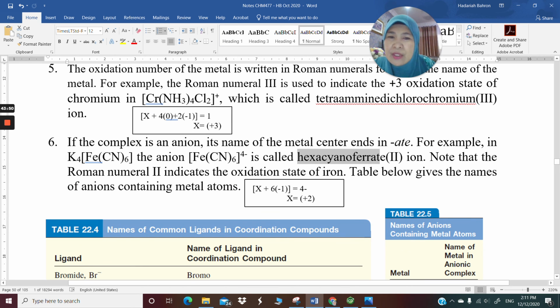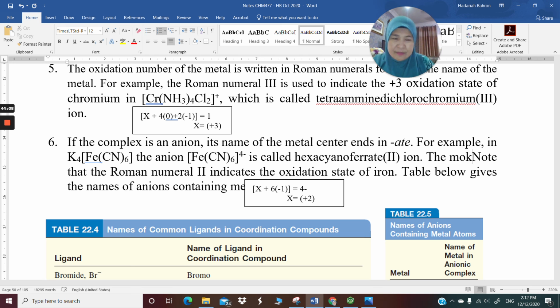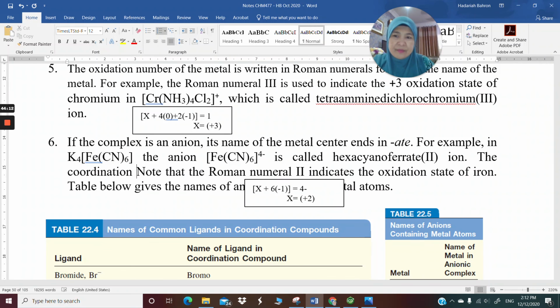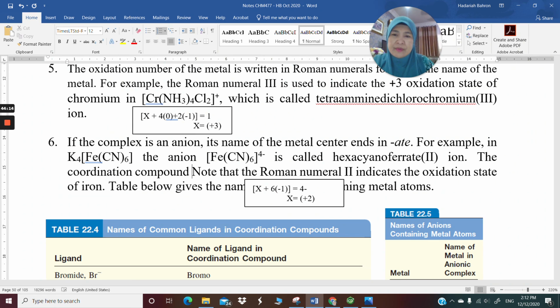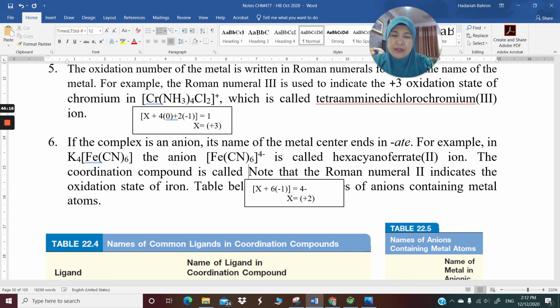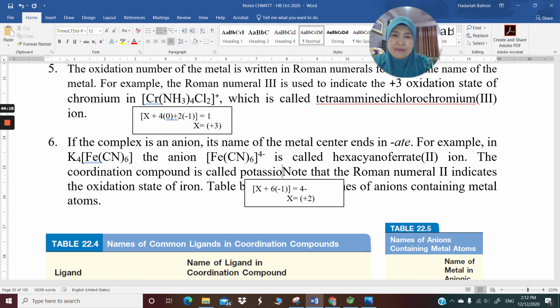So the whole coordination compound is called potassium hexacyanoferrate.